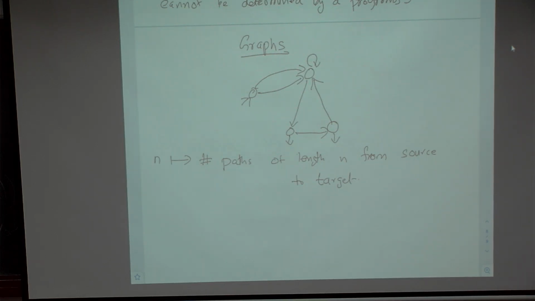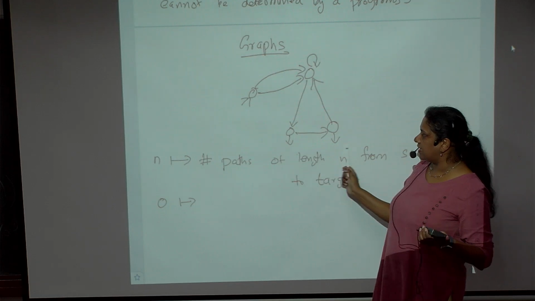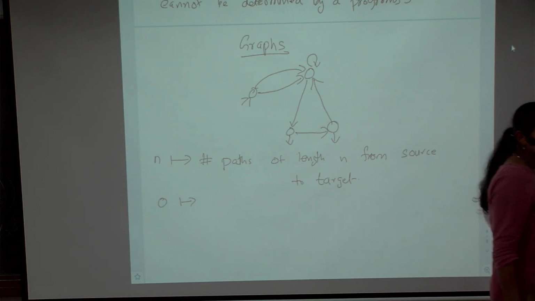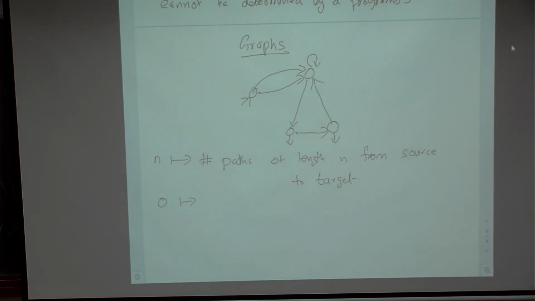So in this particular graph that we have here, what is the image of number 0? How many paths can you see? These are target with these dangling outgoing edges. You can still move.